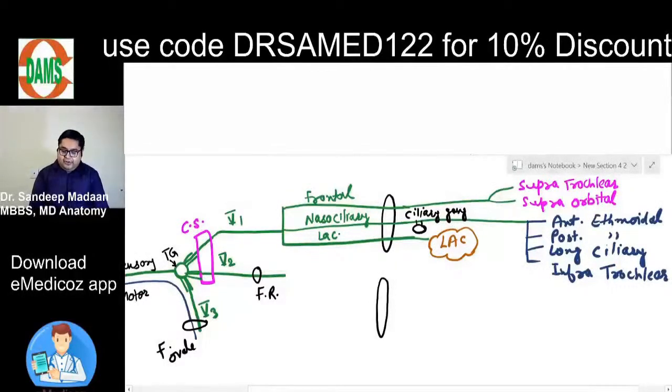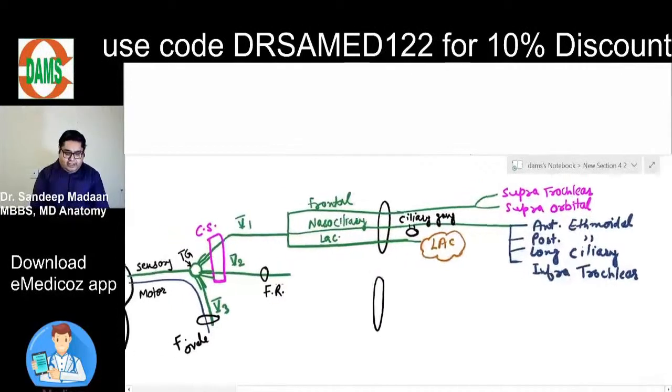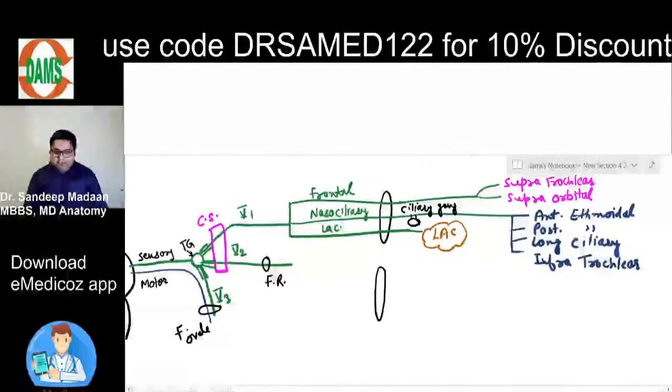Fine. So the anterior ethmoidal, posterior ethmoidal, long ciliary, and infratrochlear are the branches of the nasociliary nerve. So that is what we have learned about the V1 division.